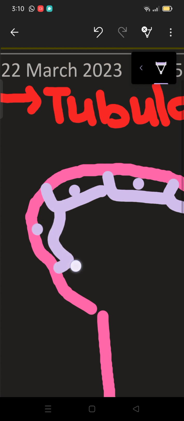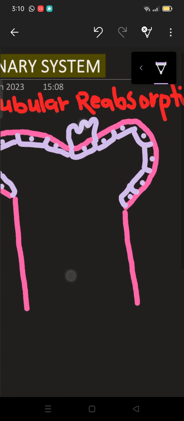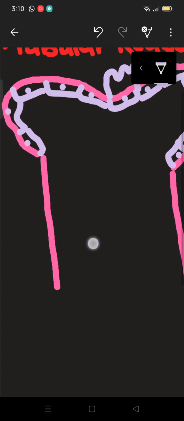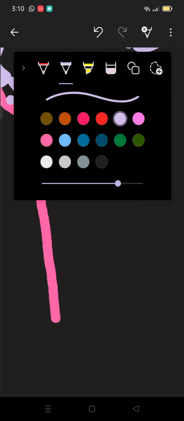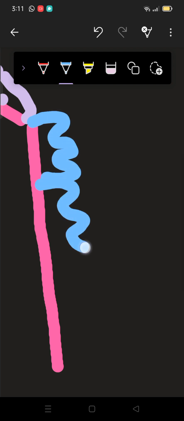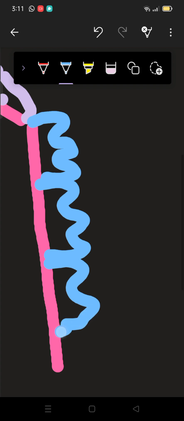These are all squamous epithelial. In the PCT we have cuboidal epithelial cells, and they have a big surface area.